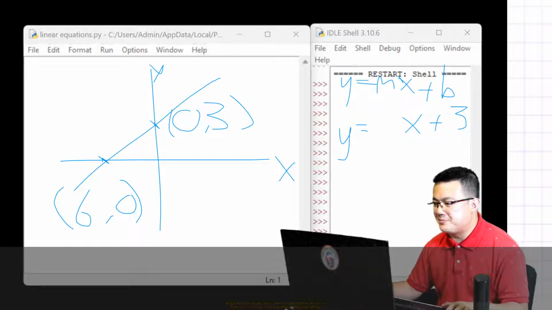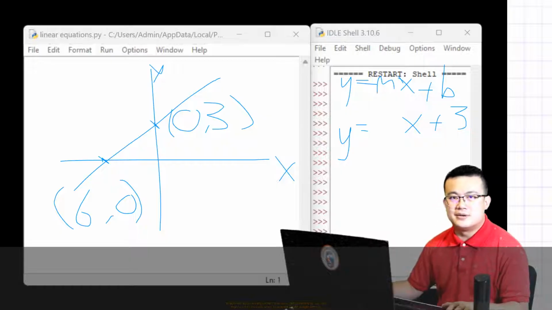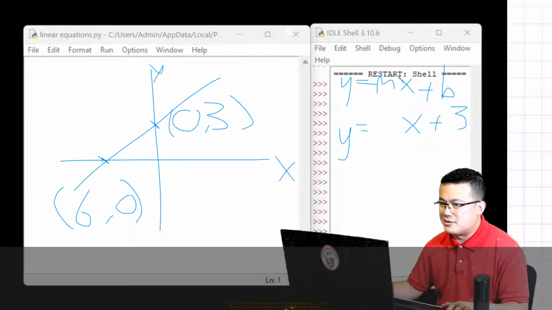Now, what is m? M is calculated as rise over run. Rise over run equals m.